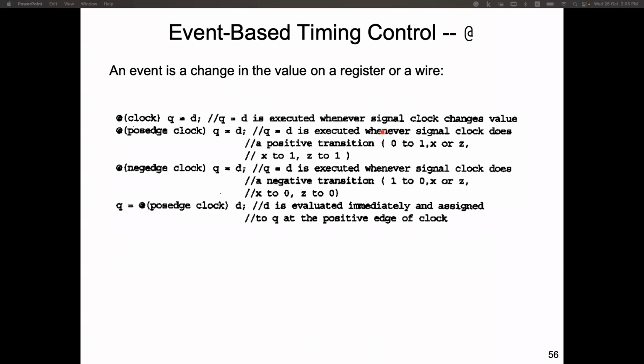Okay, so that's the first type of timing control, delay-based. The second one is event-based timing control with the keyword symbol at.